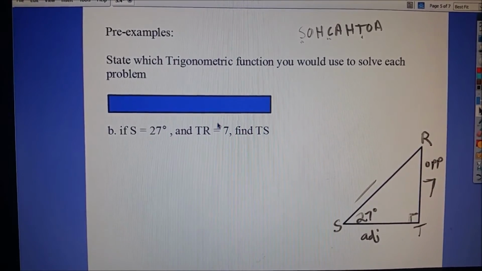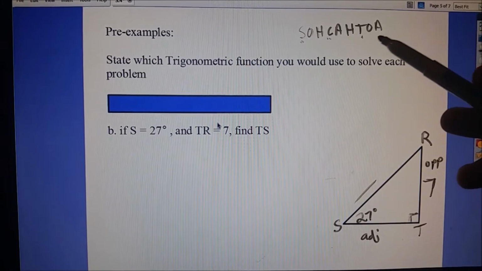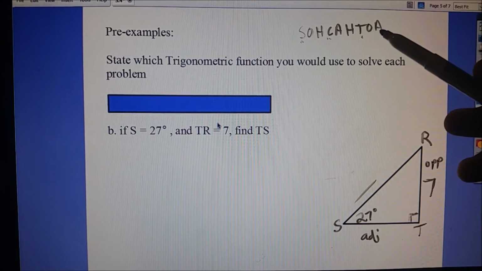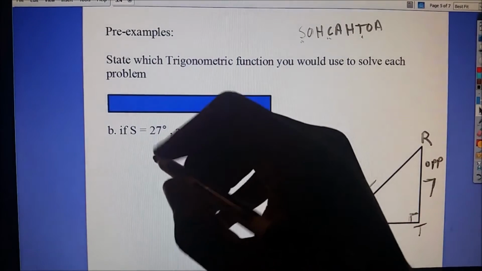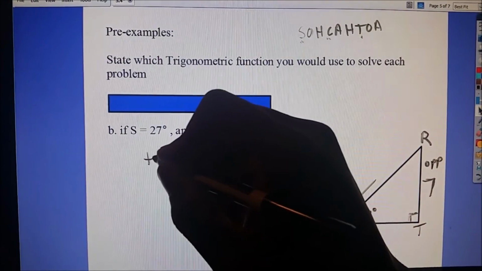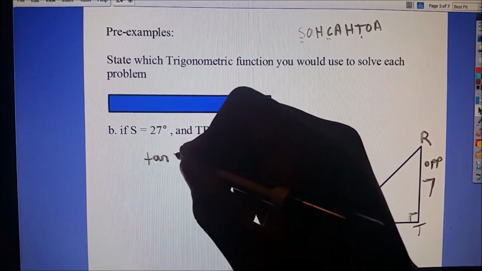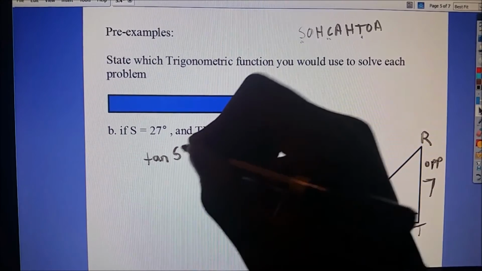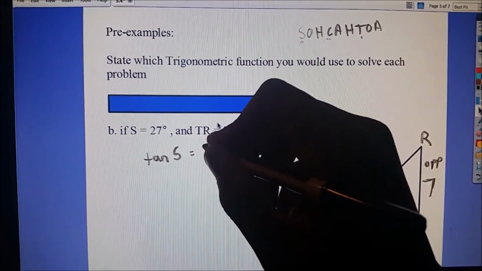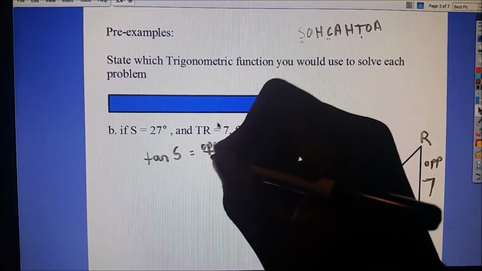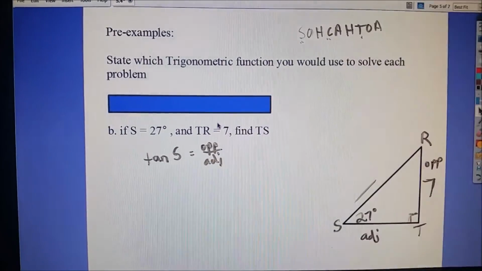Okay, so what trig ratio concerns ourselves with the opposite and the adjacent? Tangent, O and A. So let's write that down. Tangent of, let's call it angle S, is equal to the opposite over the adjacent.